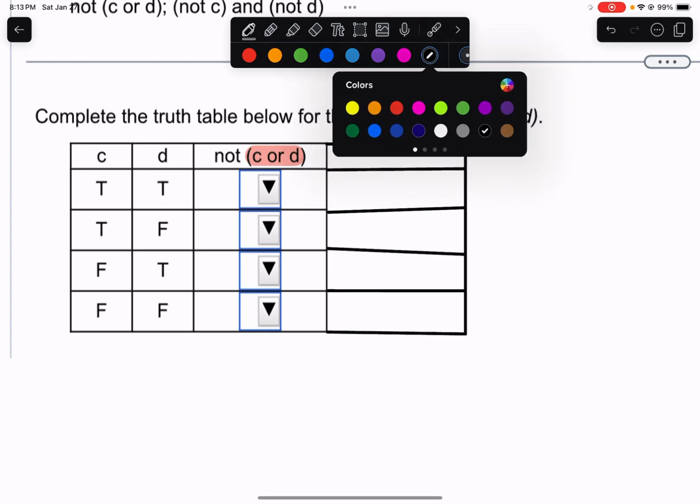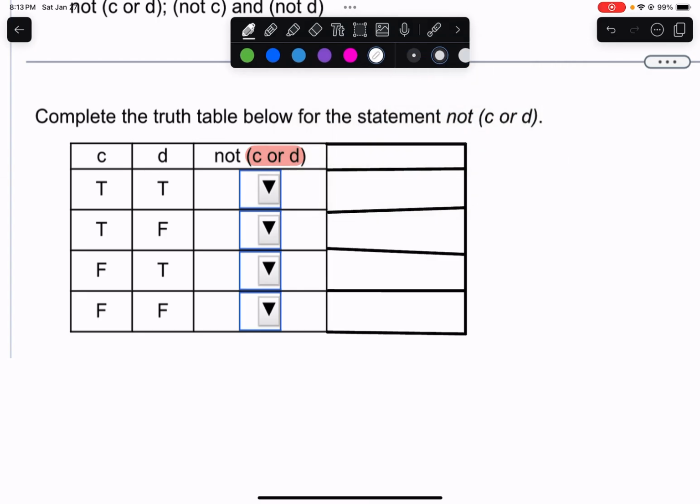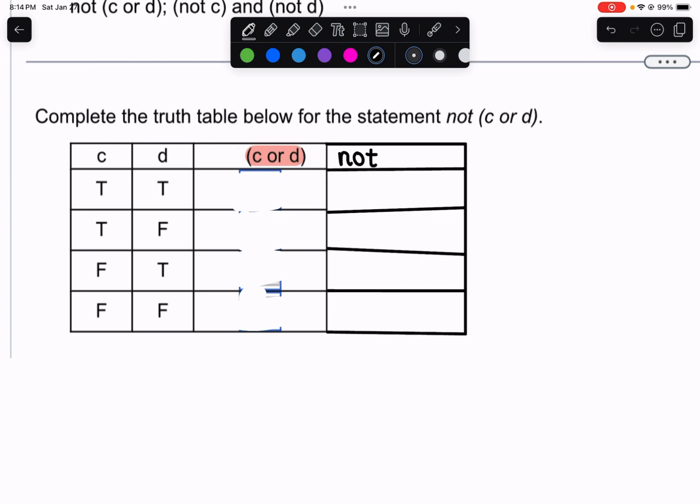Sorry, my lines are all squiggly. All right. Let's write some stuff out. I will find what that is here, and then my final answer will be the opposite of the column to the left, so what they originally wanted.